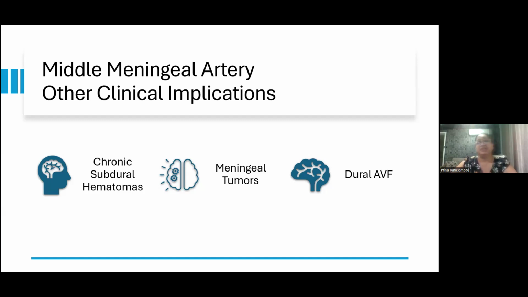Now, as it pertains to meningiomas, we know they're the most common benign intracranial tumors, most likely at the skull vault or the skull base. And again, because the MMA is a major dural artery, as I pointed out earlier, most cranial meningiomas receive its supply.